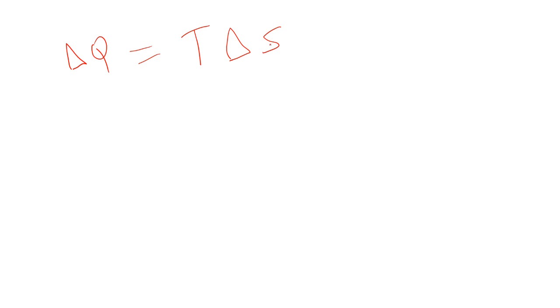So, you see the change in entropy. In other words, the change in entropy of the system is basically directly related to the heat that flows in and out of the system. So, this is one type of energy which is directly responsible for change in entropy. In that sense, heat is a kind of dirty type of energy, because what it does, it actually changes the entropy of the system.